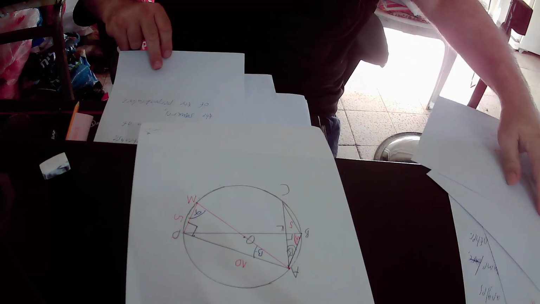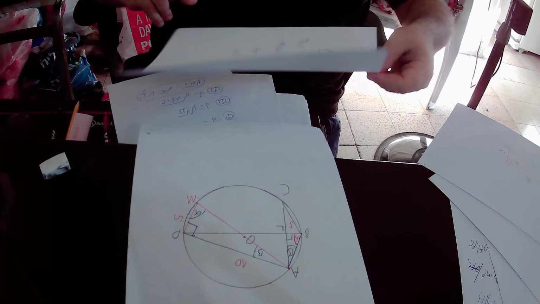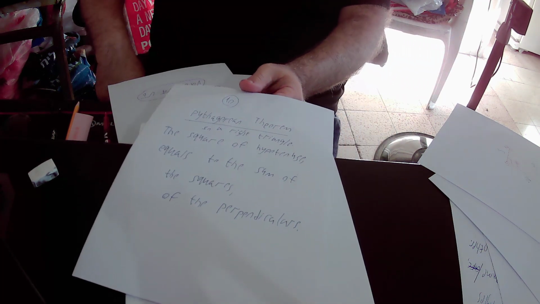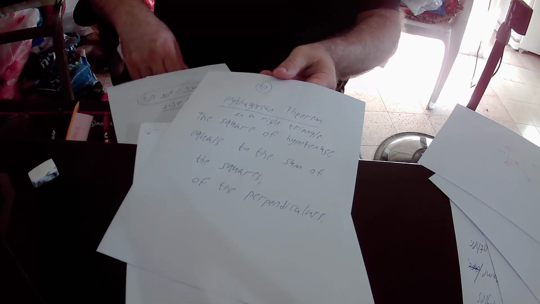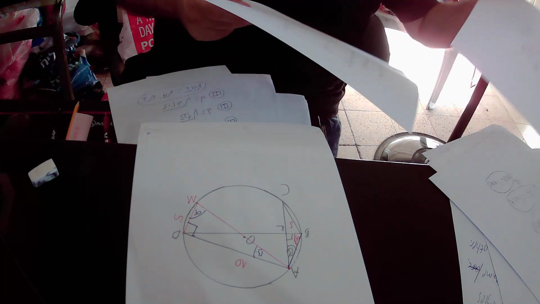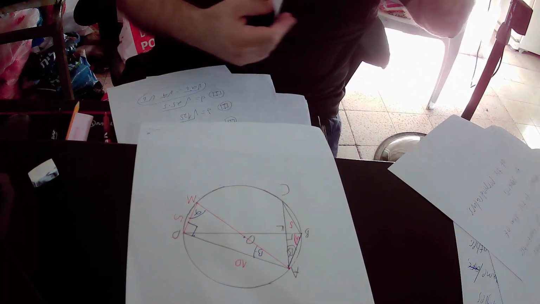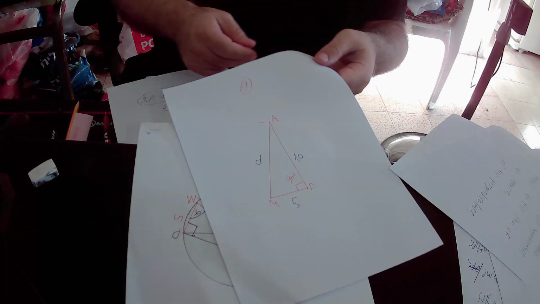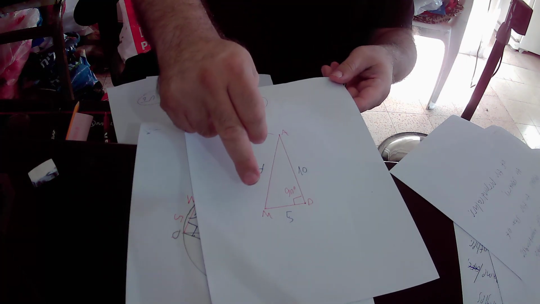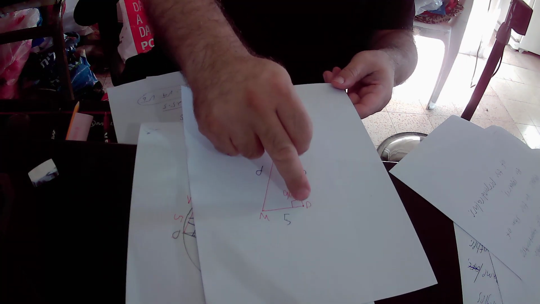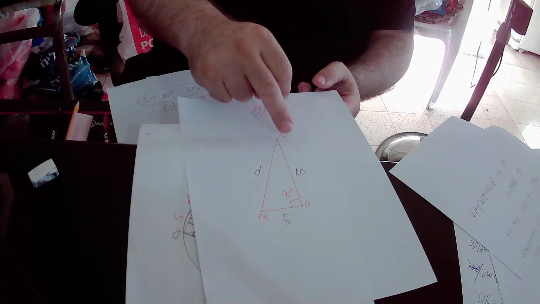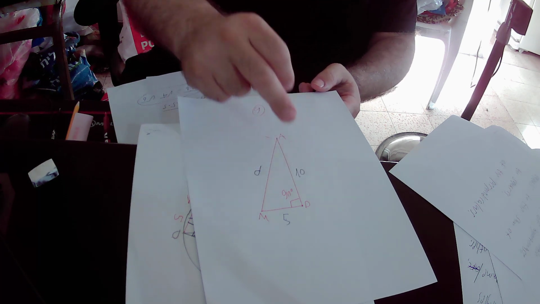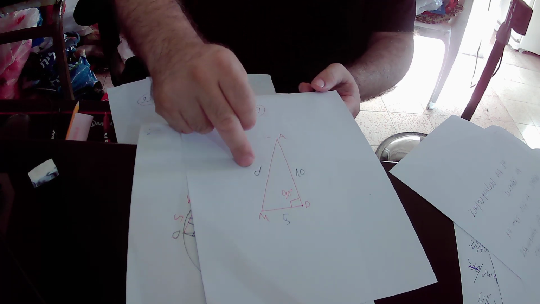According to the Pythagorean theorem, in a right triangle, the square of the hypotenuse equals the sum of the squares of the perpendiculars. So AM squared equals AD squared plus MD squared. But we know that AD equals 10, MD equals 5, and AM equals D.